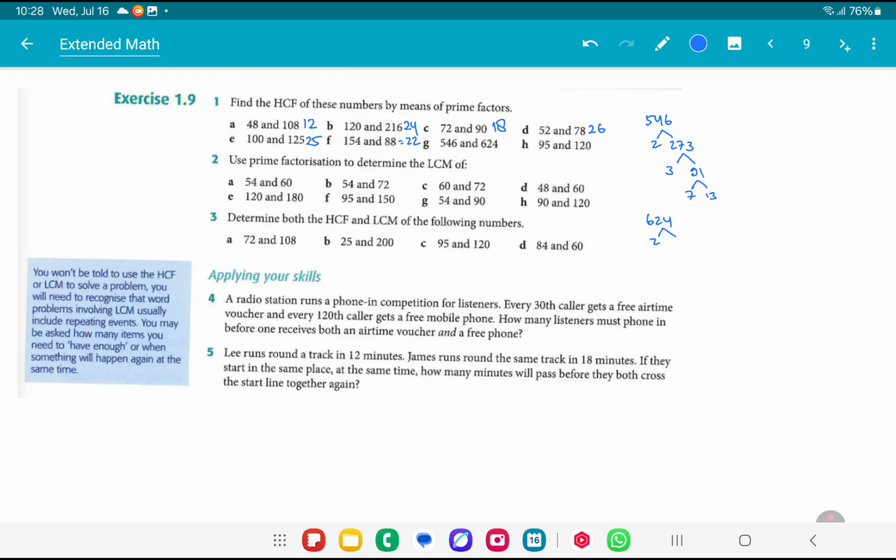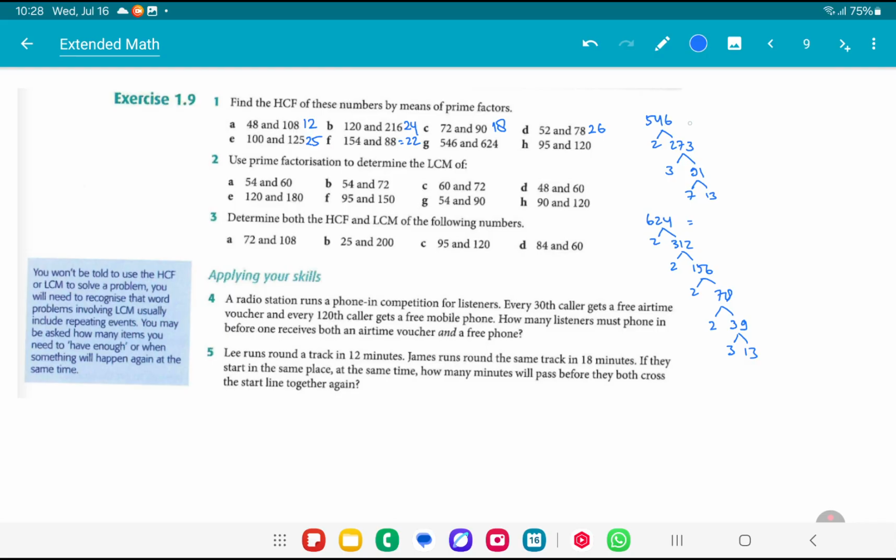624, we divide by 2, we get 312, divide by 2 again, 156, divided by 2 again, 78, and then by 2, 39, 3, and 13.